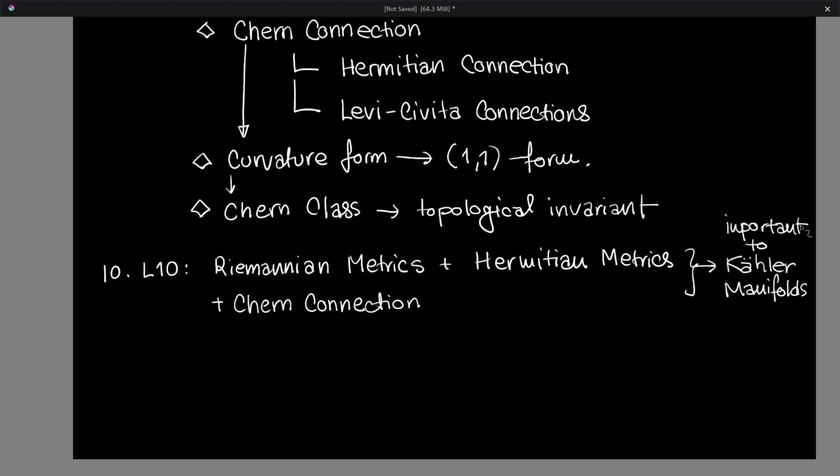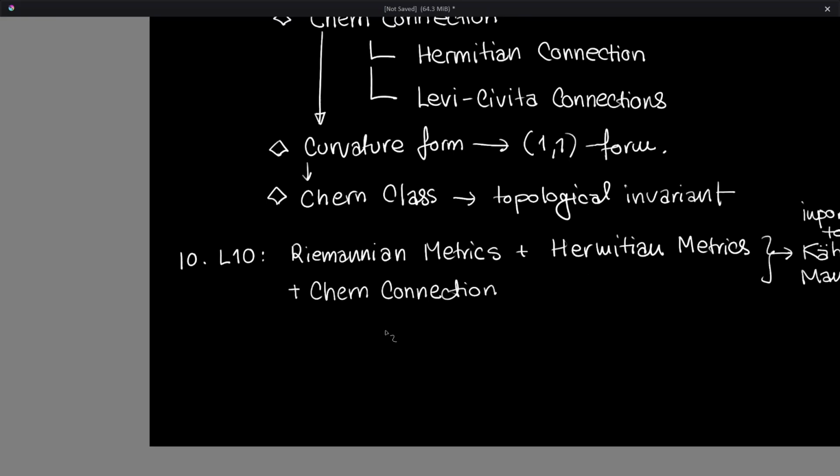There's only one structure that's left, one structure that we haven't talked about, and I thought that it developed so late into the process of defining a Kähler manifold. It's that once you impose a condition on a Hermitian manifold, right? So we also defined Hermitian manifolds in lecture 10. That's what we have so far.